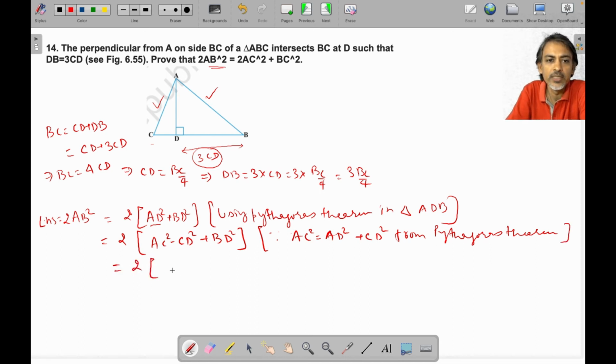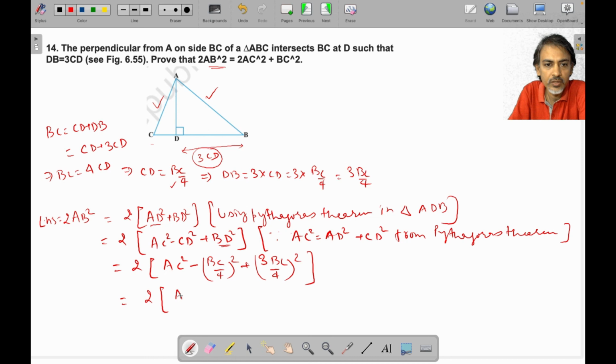Now you can write 2AC square is alright. Now write CD, what we have CD as BC by 4 whole square, plus what is my BD? BD is nothing but 3BC by 4 whole square. Is that it? Now my 2AC square minus, now let's take BC square by 16 plus 9BC square by 16.